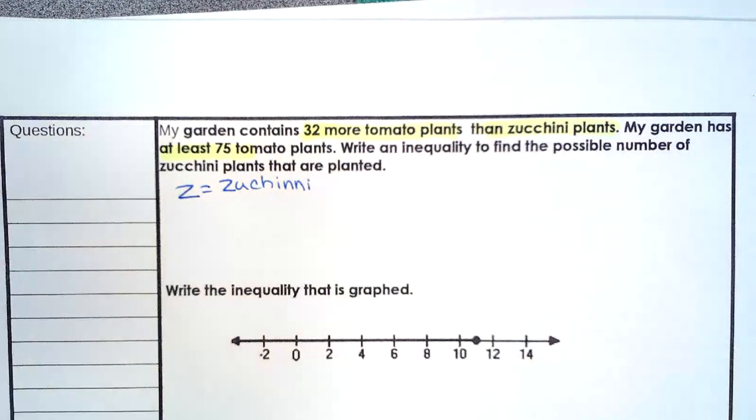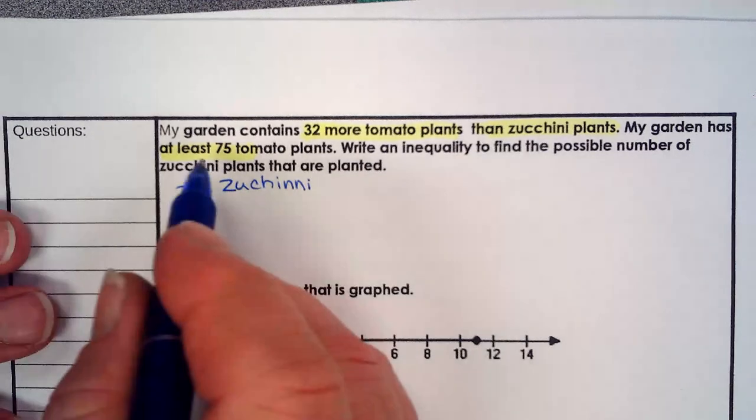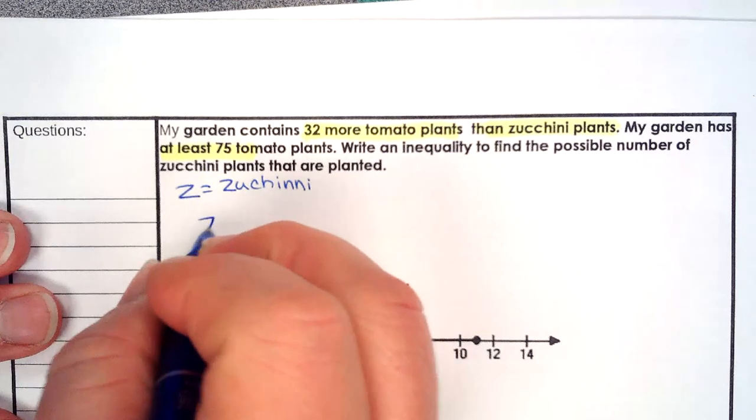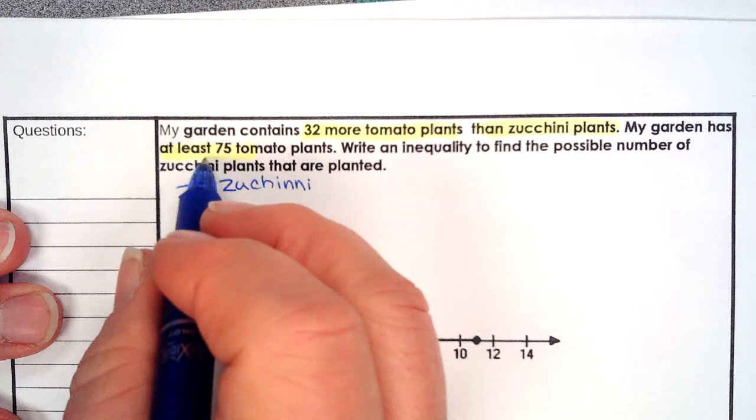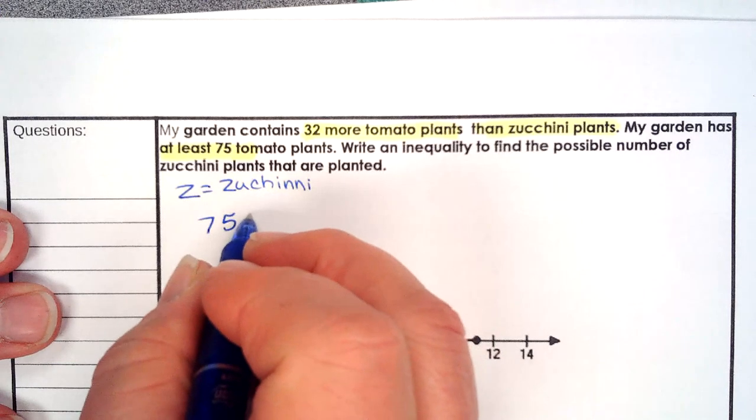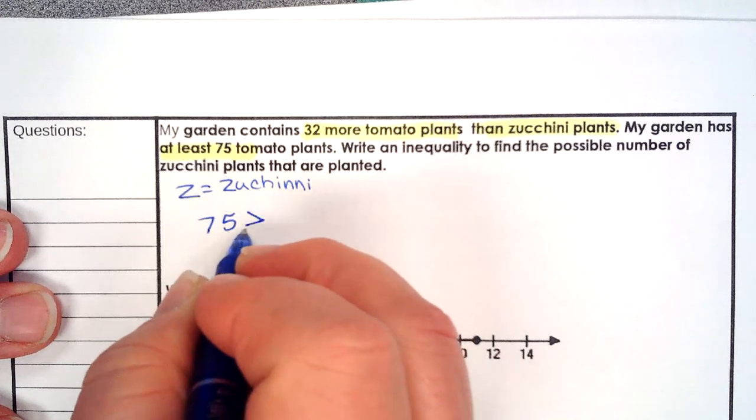I have at least 75 tomato plants. So to write my equation, how would I start? Okay, so it would be 75. At least means greater than or equal to.